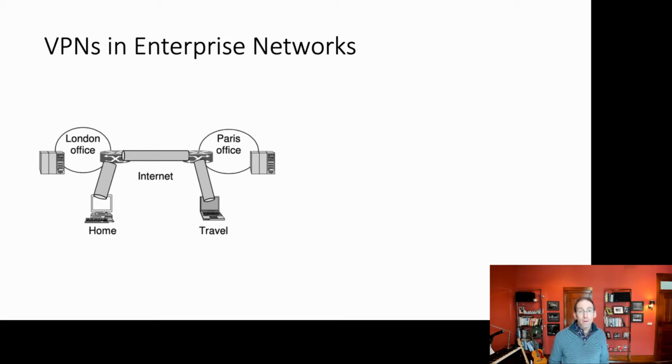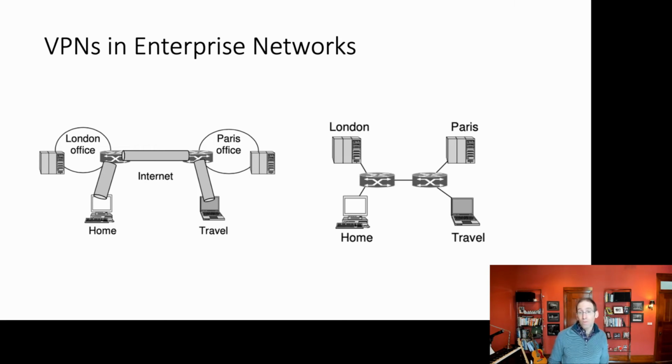A VPN can solve that problem by allowing the client who's at home or abroad to tunnel back to a server that's inside the enterprise network, and that server then subsequently relays the traffic within that enterprise network, making it appear as though the client's on the enterprise network itself.